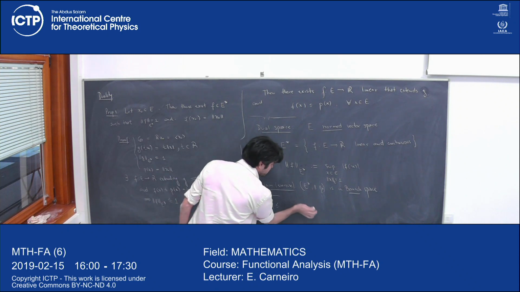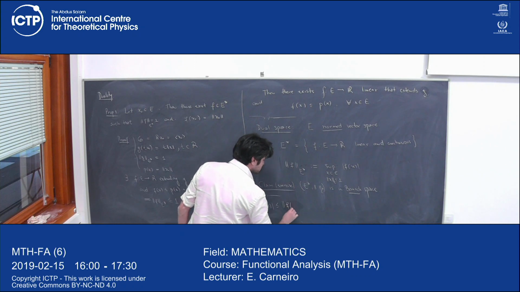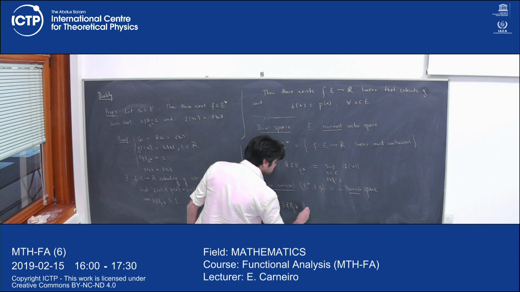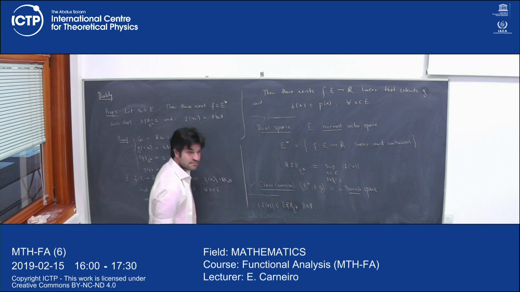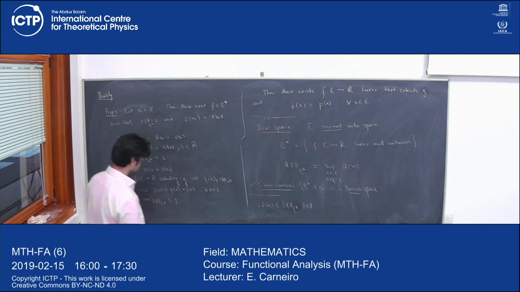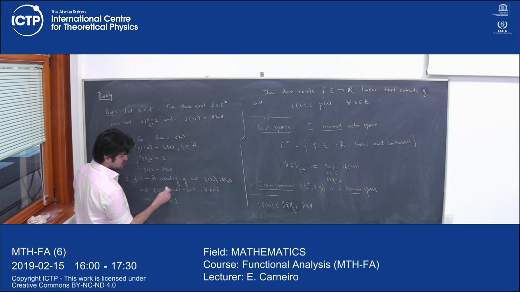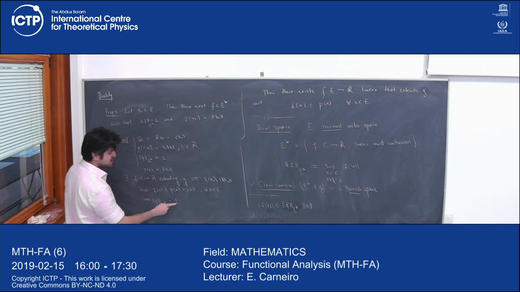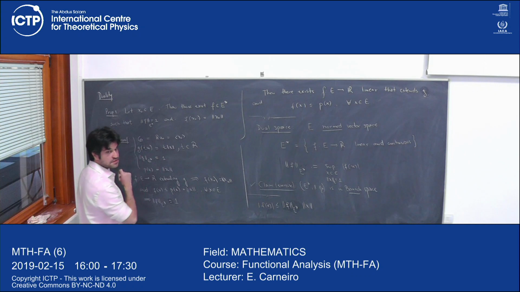In general, what you have is this: f of x is less than or equal to this number times the norm of x. So if this is less than or equal to 1 times the norm of x, this norm is less than or equal to 1. But in fact, this norm is equal to 1 because I know that it's attained at the vector x0.